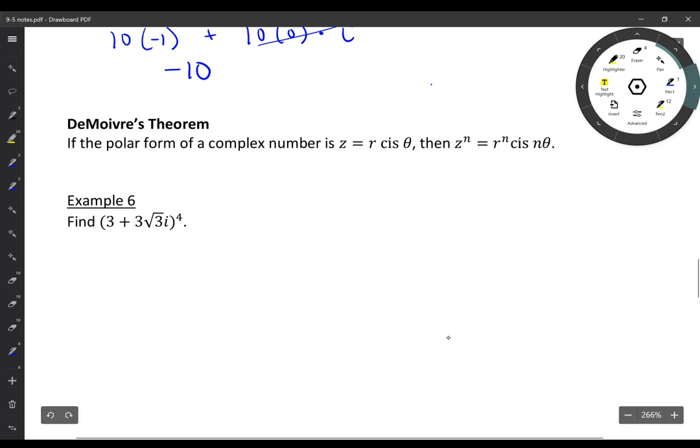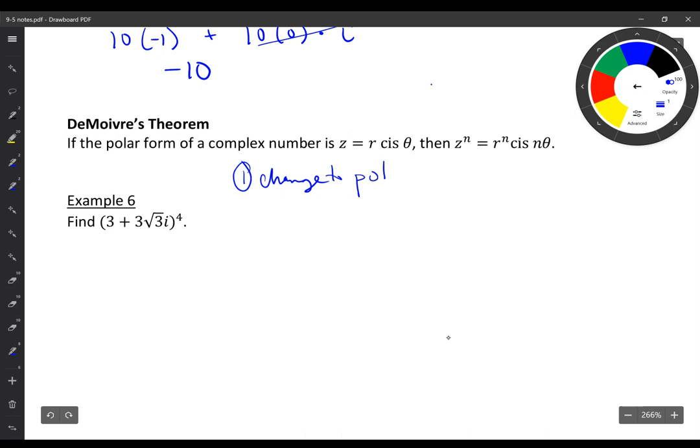So that's going to be our first step because DeMoivre's works when we're in polar. So first is going to be changed to polar. And then we're going to use DeMoivre's. And then we're going to change back to rectangular complex.